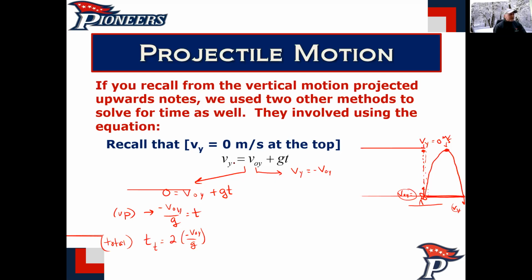And so if I use this equation, I'll just rewrite it here, but in for Vy, I put this, because we found Voy by Vo sine of theta. Well, we know if it comes back down, the vertical velocity here is going to be the same.